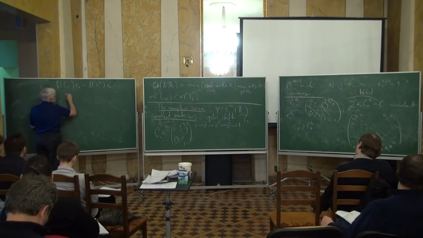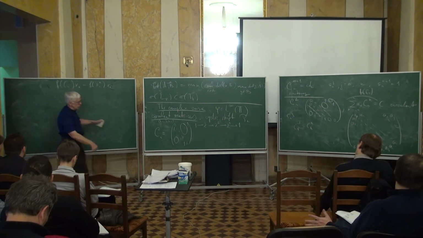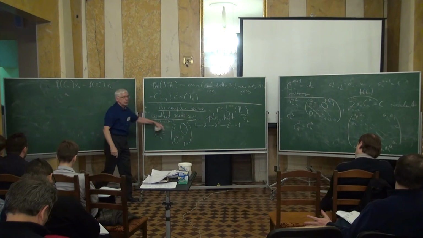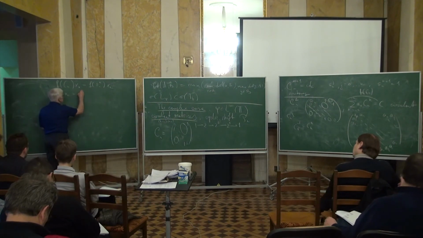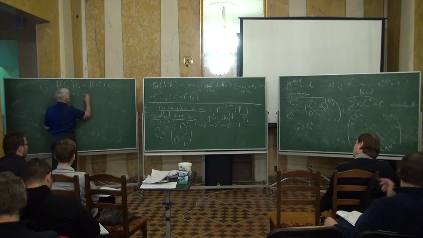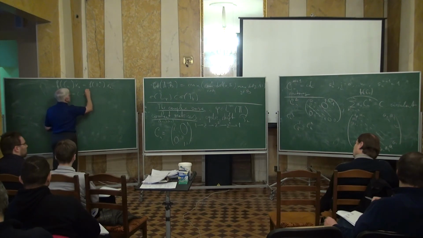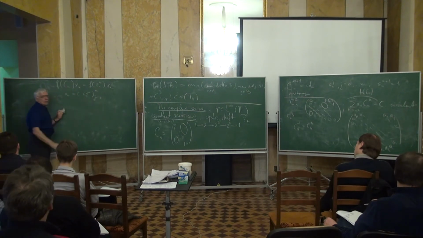By the way, x_k is easy to see for the initial matrix, this is epsilon to the jk, j from 0 to n.